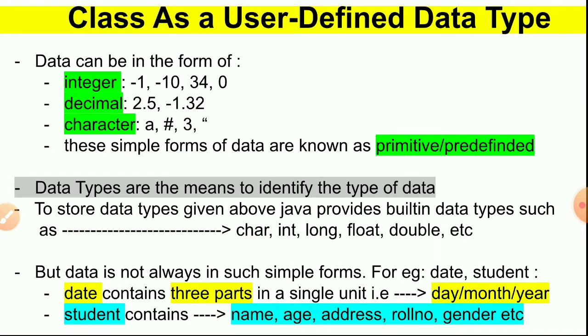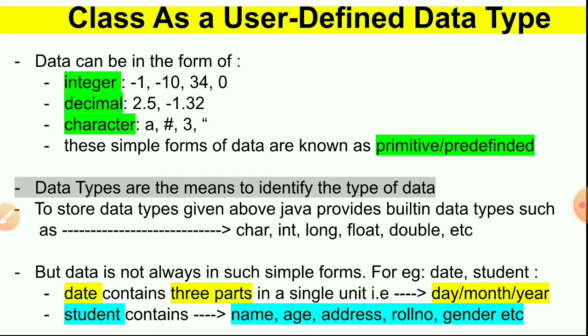Similarly, if I use the example of student, okay, now student has got name, age, address, roll number, gender, and many more things, okay?